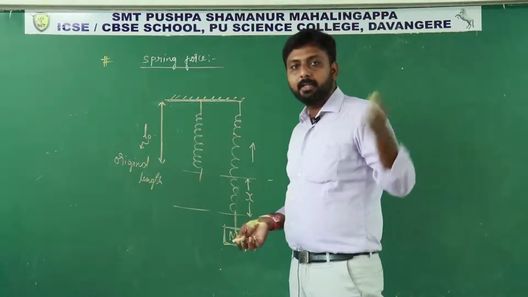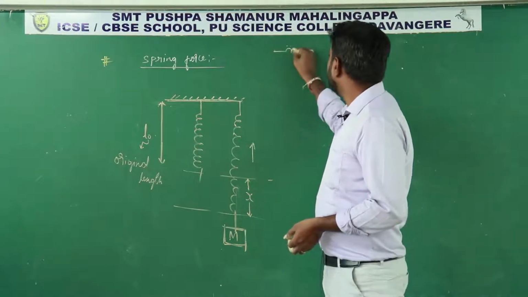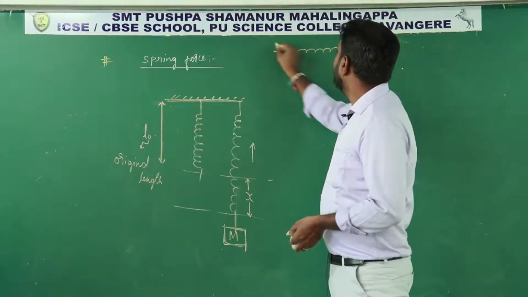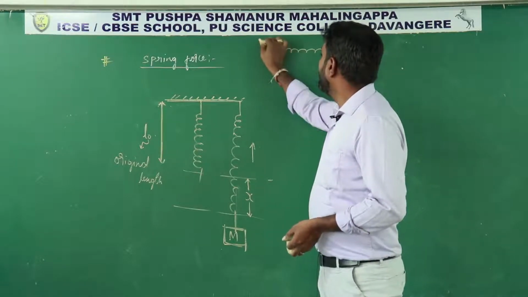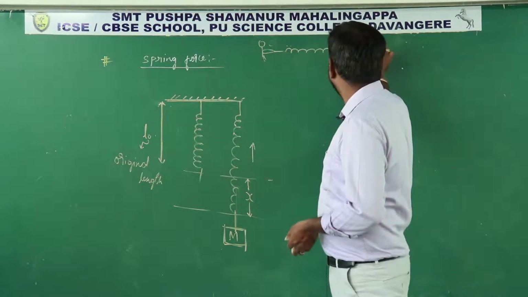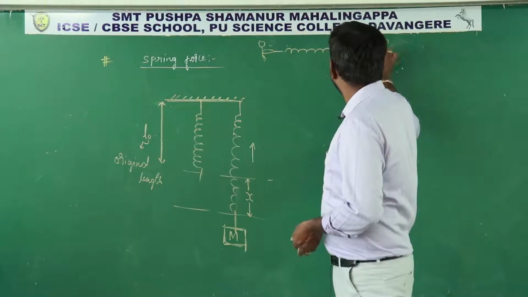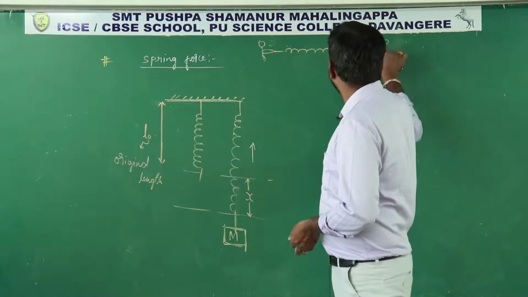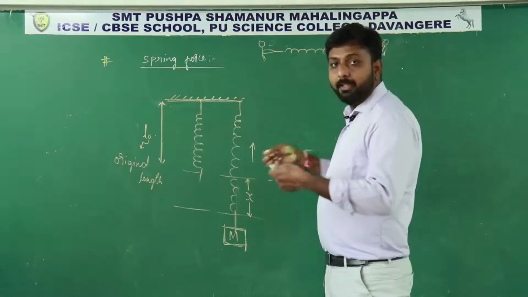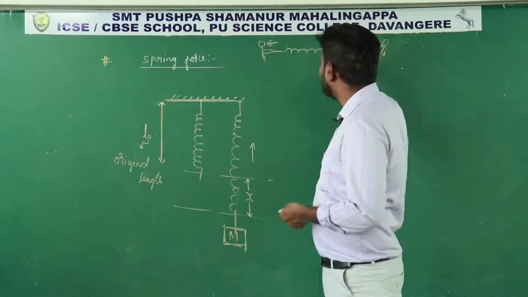Similar situation in the springs, isn't it? You can imagine like this also. Here there is a spring, and this spring is being pulled by both persons at both ends. Then definitely these persons are applying force in this direction.